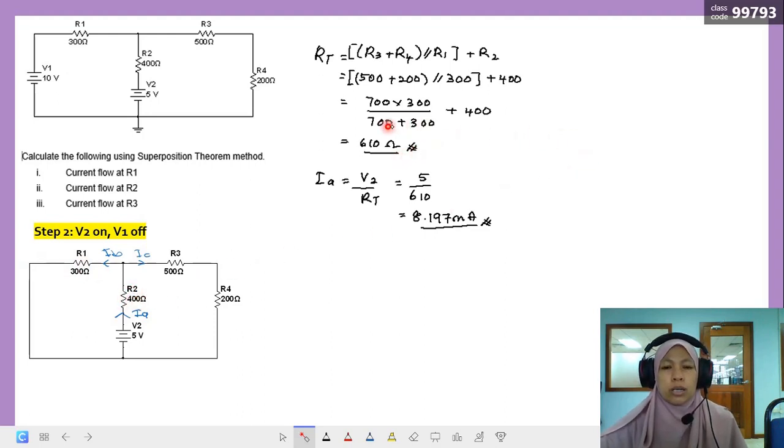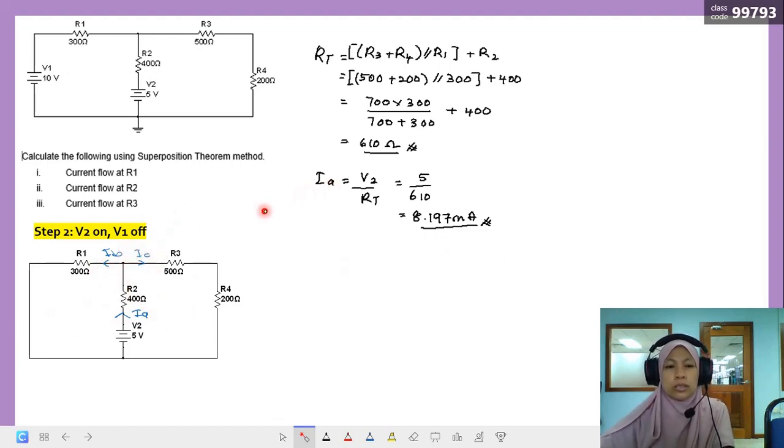We put into the calculator and get the answer 610 ohm. So IA, which is I total in this circuit, we get by V2 over R total. So we get the answer 8.175 milliampere.